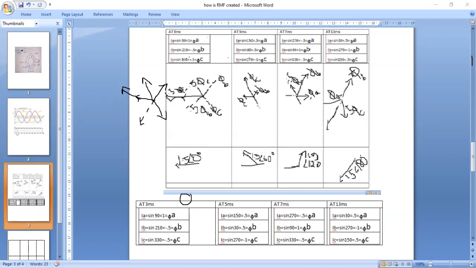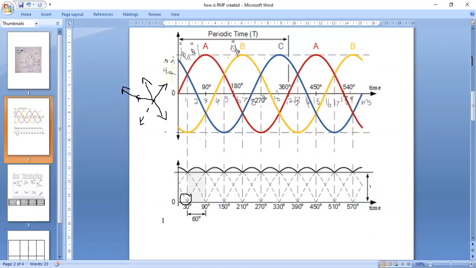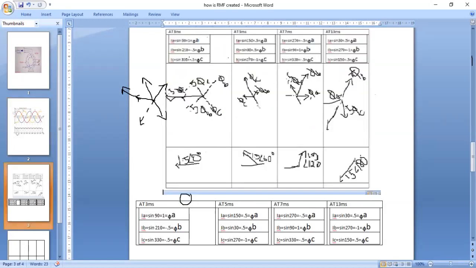For the next instance, if we have to find the magnitude of the flux at 5 milliseconds, as you can see from the diagram, sine of 150 degrees would be that of phase A, sine of 30 degrees is the magnitude of the flux phi B, and sine of 270 degrees is for the flux in phase C. These three are written here, and when you calculate, one is 0.5, another is positive 0.5, and phase C has a magnitude of -1.